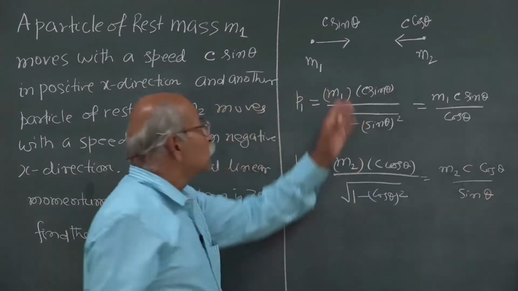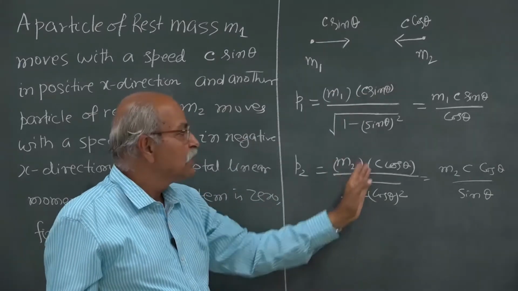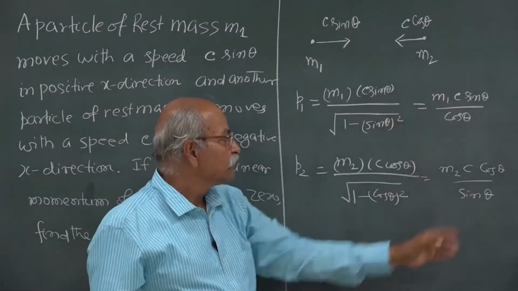So, if total linear momentum is 0, these two should have the same magnitude, and therefore, this should be equal to this here.